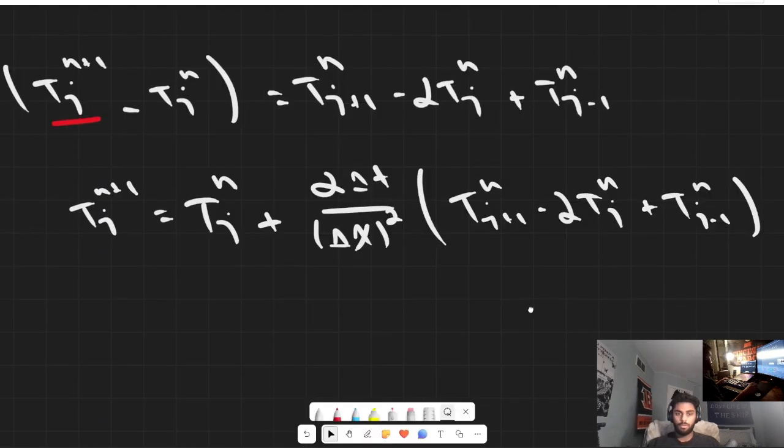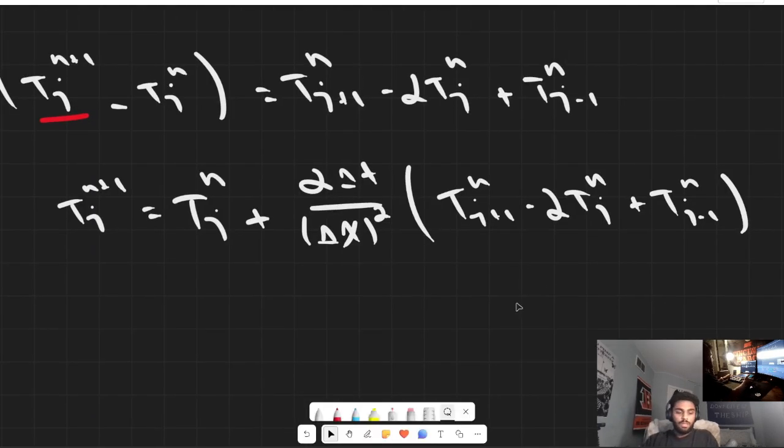So coming back here, I want to condense this little term into just one term that I can change according to how I want it to. So I'm going to call this R, and we will also code that into Python. So let's start doing that.